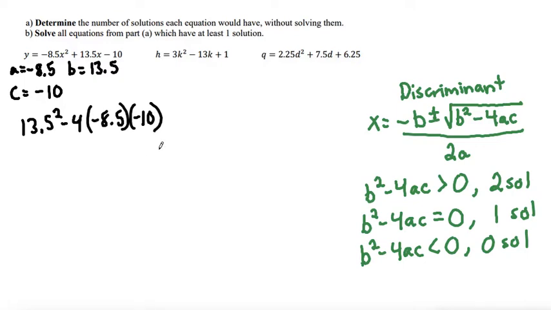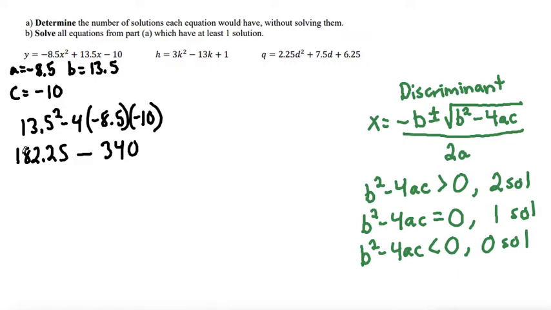Plugging this into my calculator, 13.5 squared is 182.25. And then we can do 4 times 8.5 times 10, and that gives us 340. We have a negative, another negative, two negatives make a positive, but then we're multiplying by a third negative, so that makes minus.